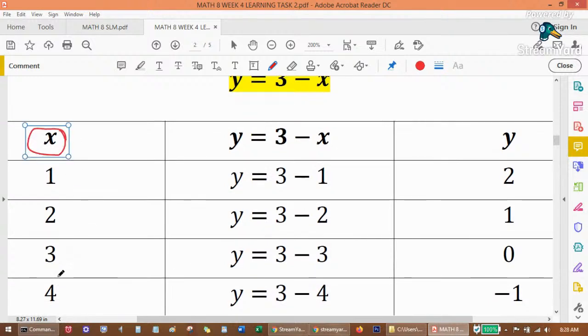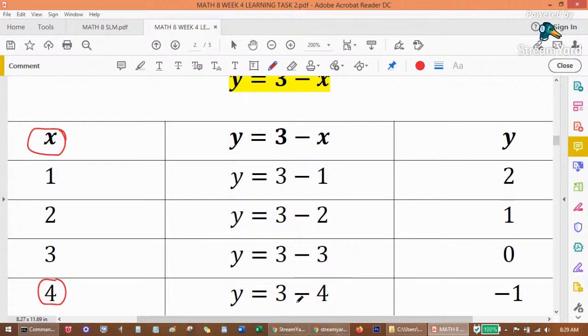kapag ang x is 4, anong magiging value ng y? So, y is equal to, according to the formula, y is equal to 3 minus x. Pag pinalitan natin yung x ng 4, magiging 3 minus 4, meron tayong dalawang numbers na magkaibang sign. 3 is positive and 4 is negative.